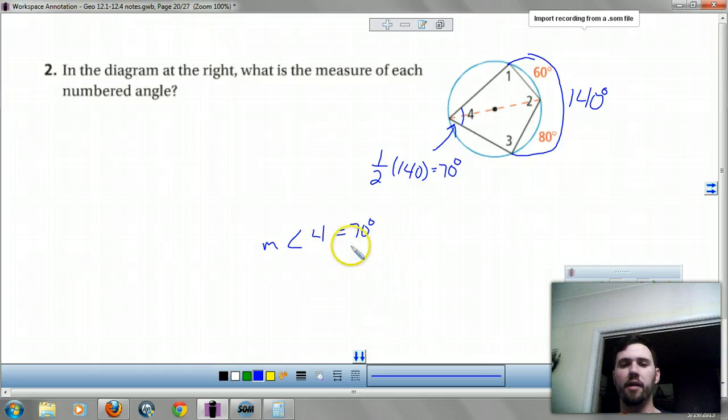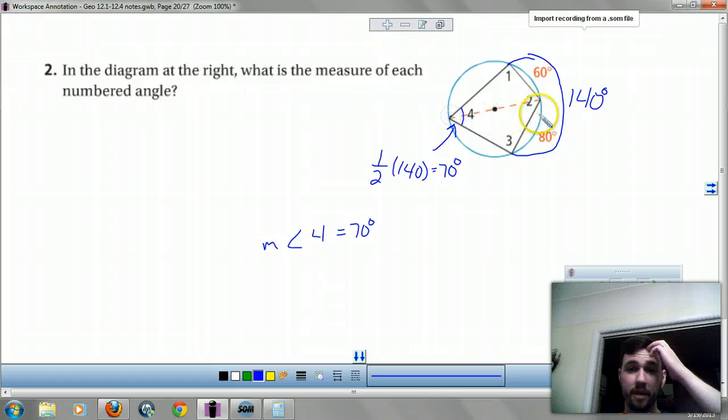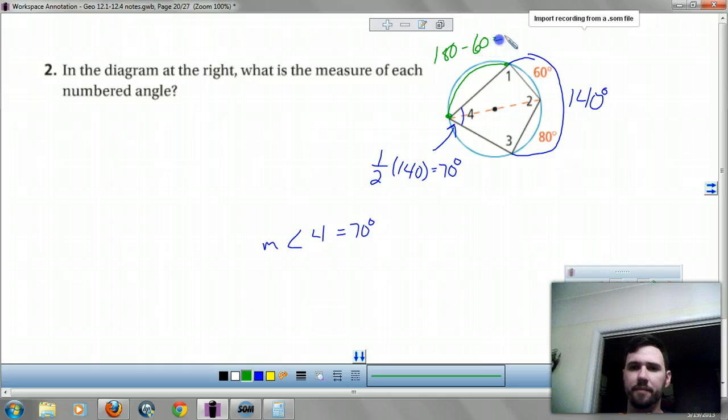Now I also know, because it's a quadrilateral, that they're going to add up to 180. But I'm going to use something else. This is a diameter, right? So it makes up half of the circle. So this arc is going to be equal to 180 minus 60, which is 120 degrees.